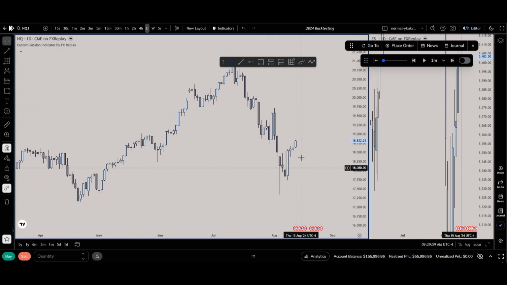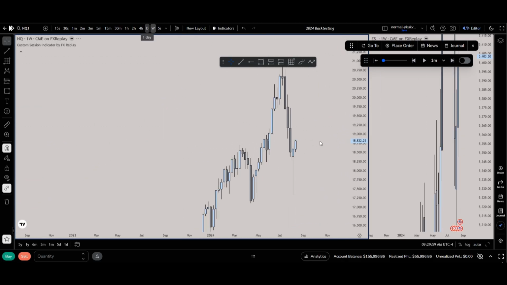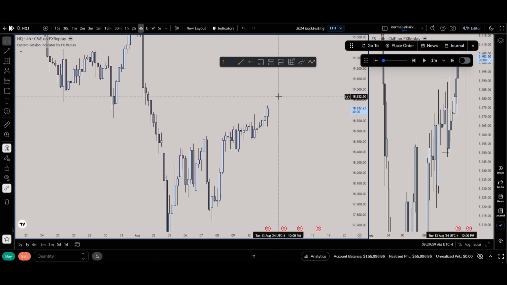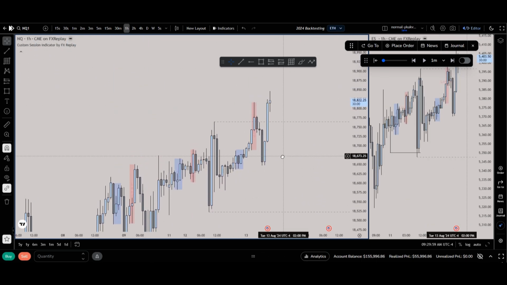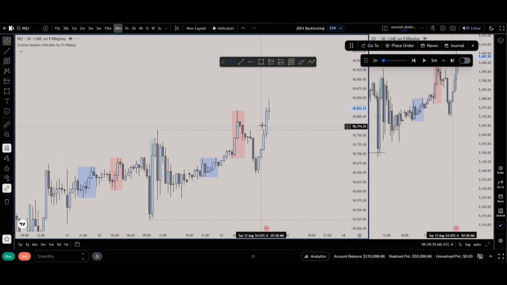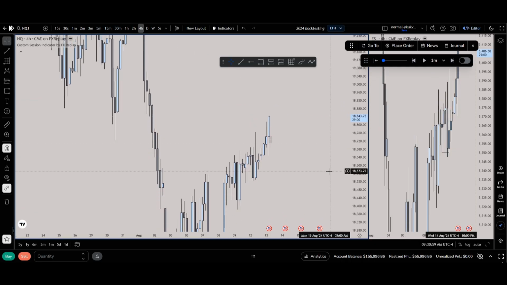Okay, so it looks like we are displacing higher through this gap, daily gap, weekly gap as well. So if that's what price wants to do, I want to see a continuation. So we tap down into this 30-minute gap. We are in a 4-hour gap. We're in the daily.